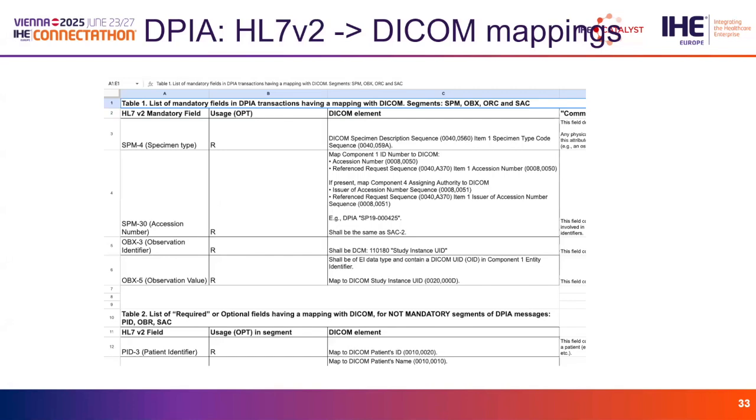This is part of this mapping, where every field of the HL7 version 2 messages on one side is mapped to the DICOM element on the other side. The vendor is required to support all the mandatory information for the DICOM object, to ensure that non-compliant DICOM objects are not produced during the radiology transactions.